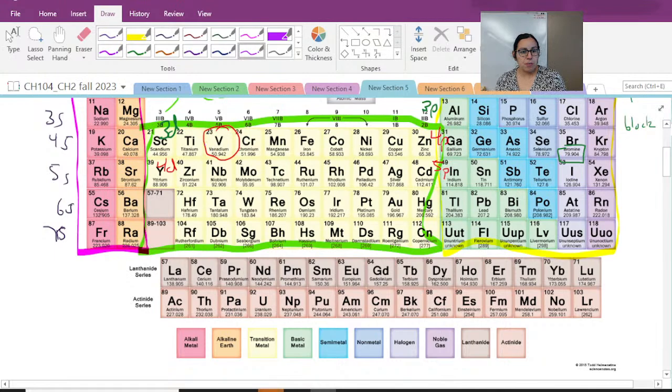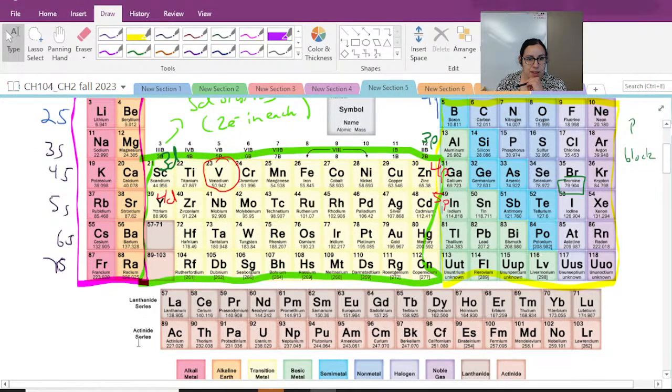So let's finish up. We're at 4s, and this is where things can get funny, and you have to look at your periodic table, and there are going to be more discrepancies. I disagree with this periodic table. First of all, let's figure out what comes next.